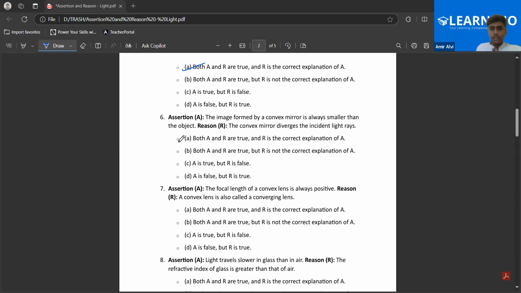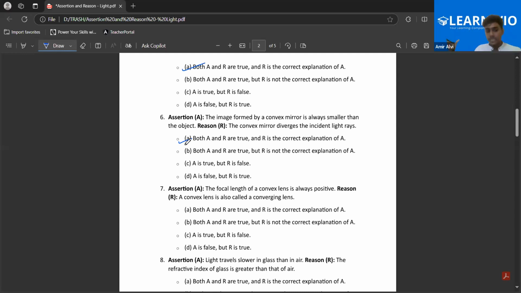So the answer is A, not B. It is a correct explanation, because when it is diverging, it covers more area. How can you fit everything in a very small space? By making things smaller, right?